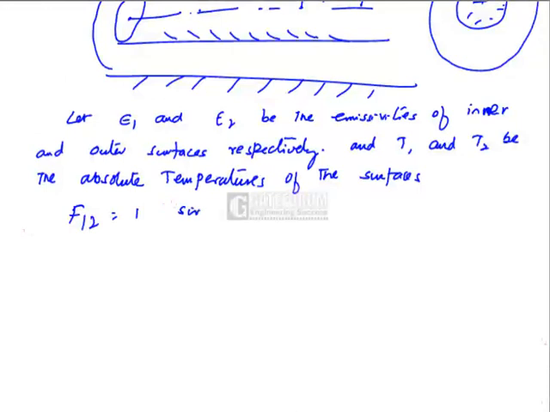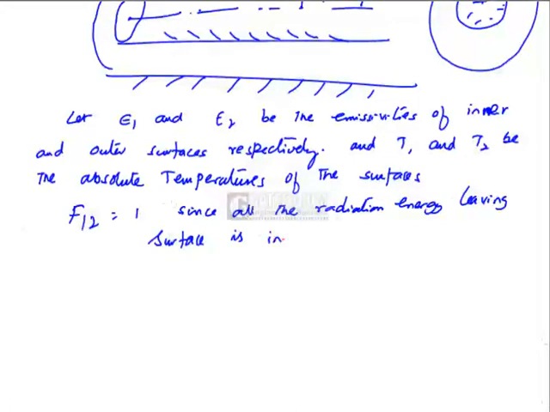Since all the radiation energy leaving surface 1 is intercepted by surface 2. But F21 is less than 1.